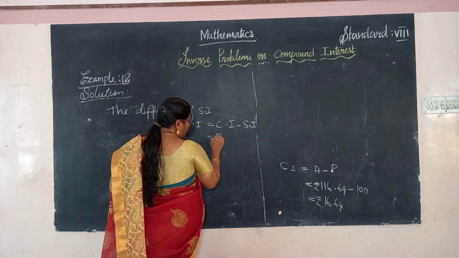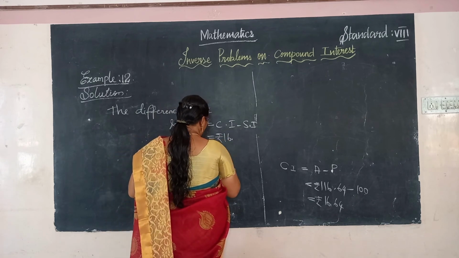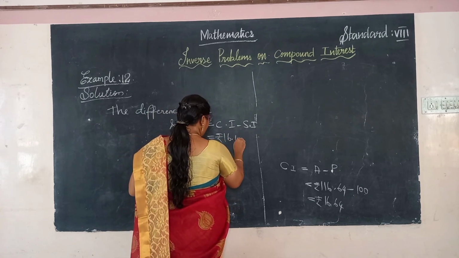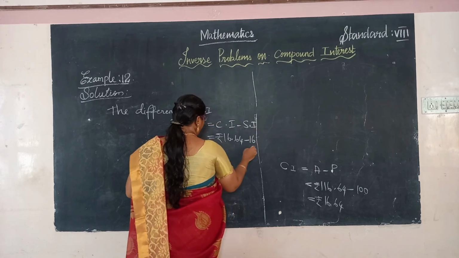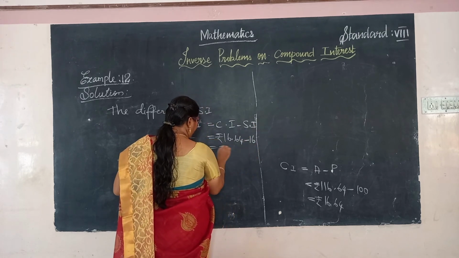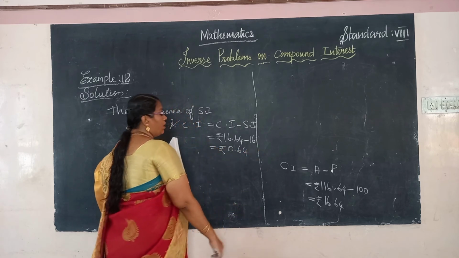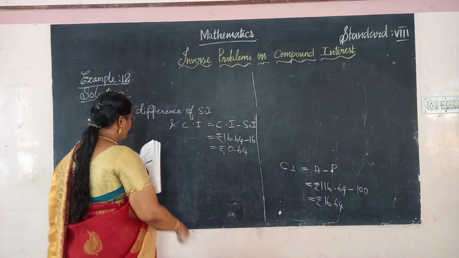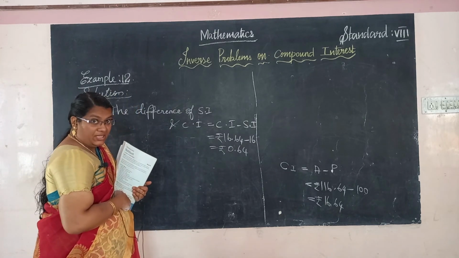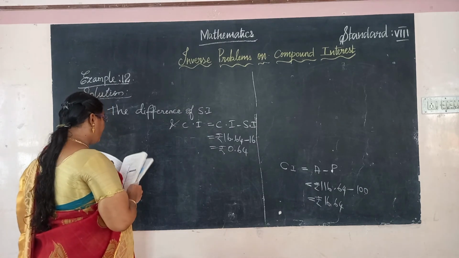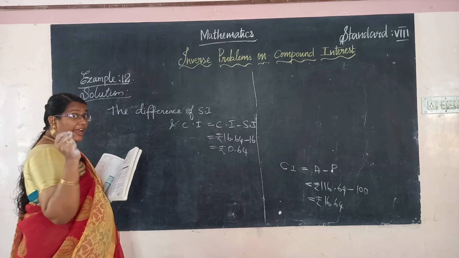So first write 16.64, and the simple interest value is 16 rupees. Subtract, we get rupees 0.64. The difference of the two interests is rupees 0.64.